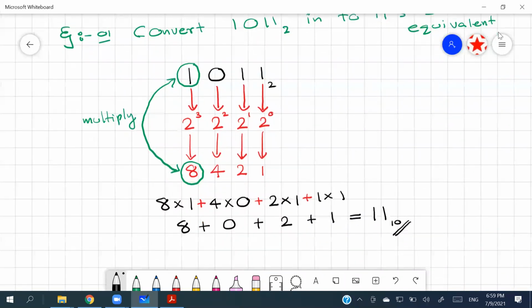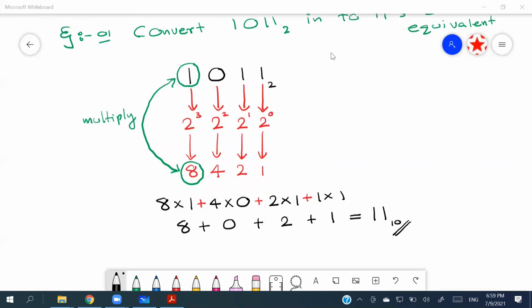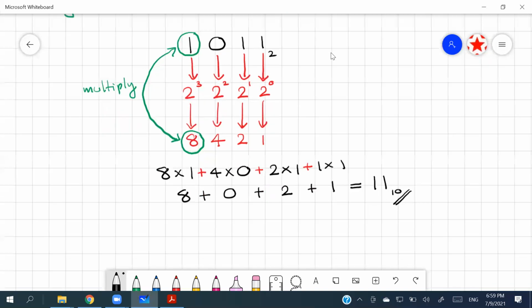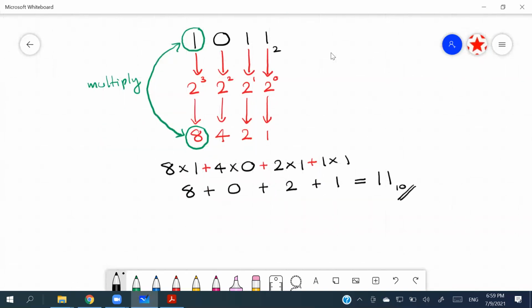All right, I'm scrolling it a bit up. All right, meanwhile, I'll write the second example.